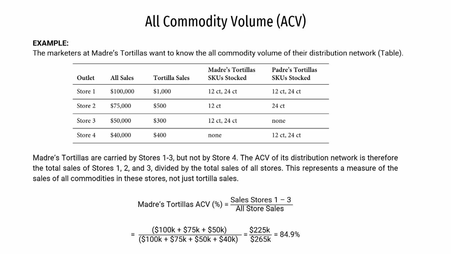So, the all commodity volume percentage is 84.9%. Basically, what we are calculating is the overall sales of all categories of product in those stores which are keeping my brand. If this percentage is high, then we can fairly say that the stores keeping my brand are bigger.